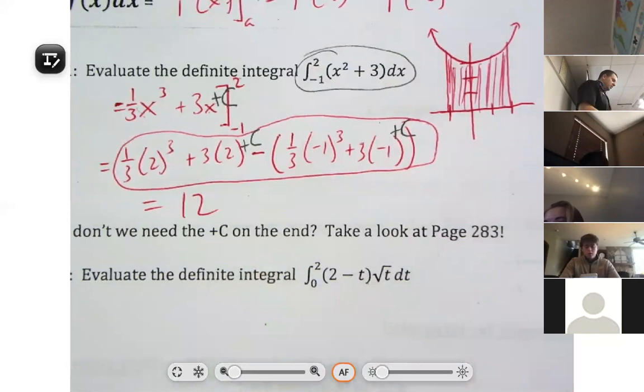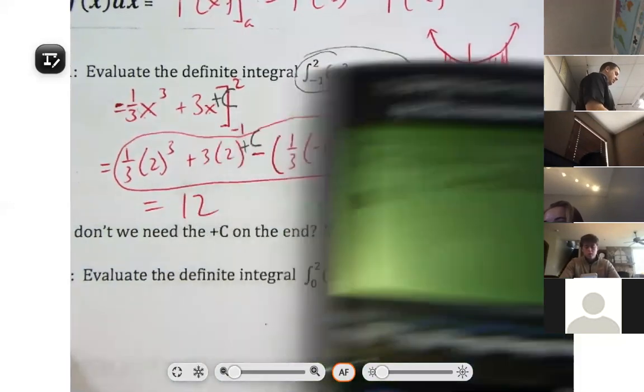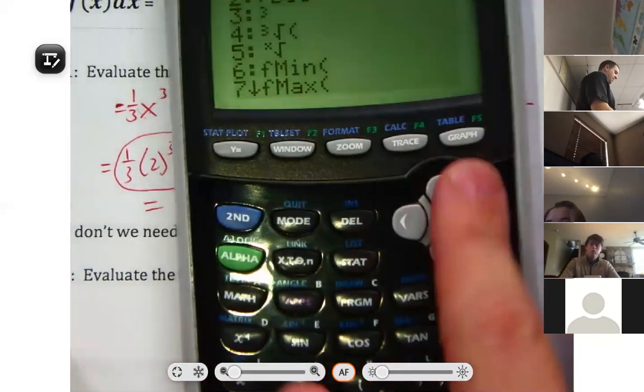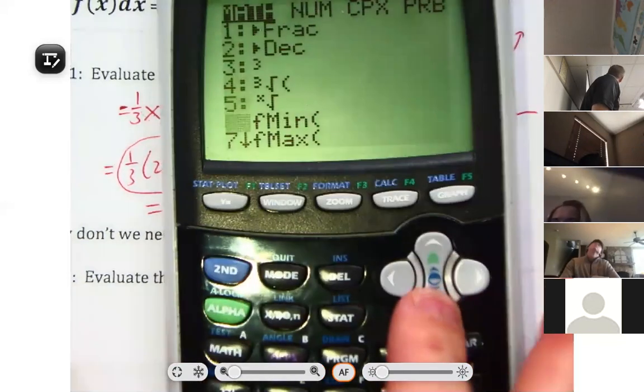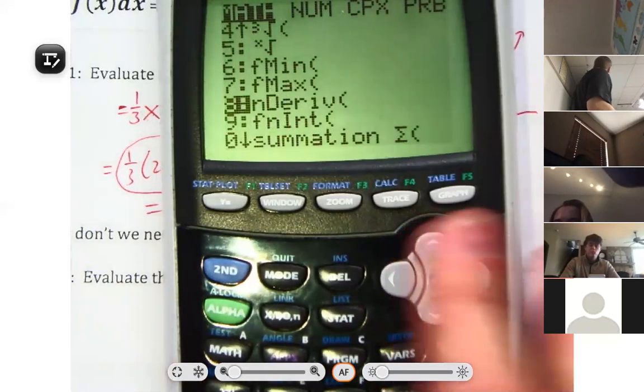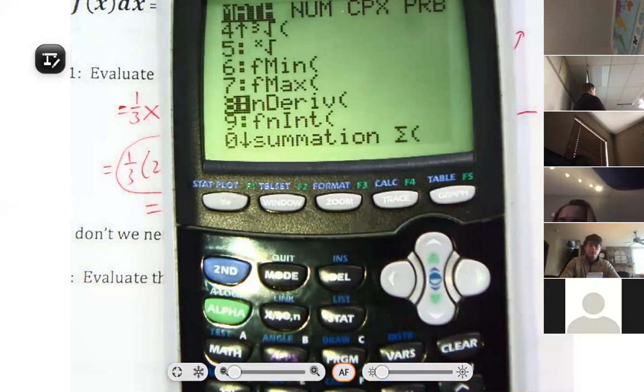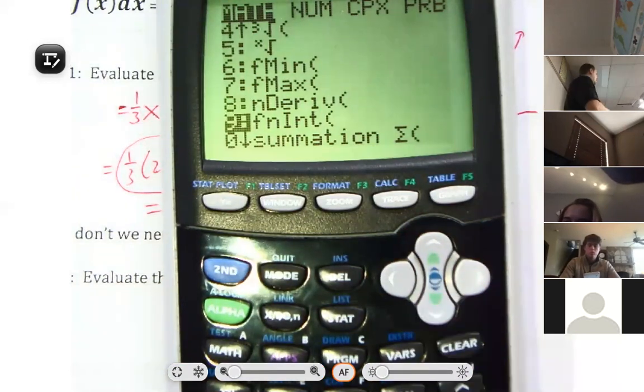All right. So when we do derivatives, we do Math 8. I push Math, and I scroll down to option 8, and it says NDeriv. And that's where you type in your derivative, and then your function, and then you put in the number. With integrals, if you're doing a definite integral, it's the next one. It's Math 9, fnInt.